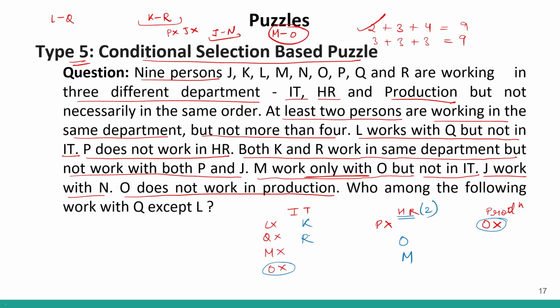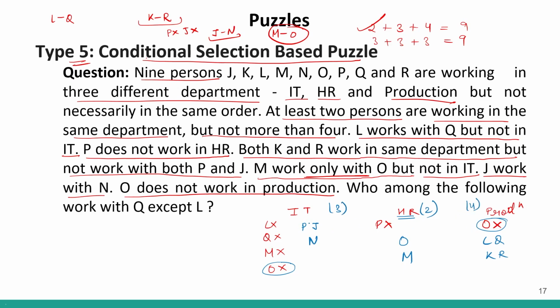Now, over here we have P, J and N. So we can have P, J and N over here, and we can have L, Q, K, R over here, because we need 3 people over here and 4 people over here.